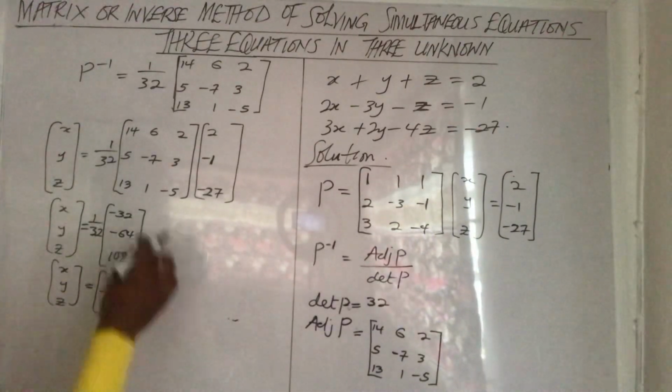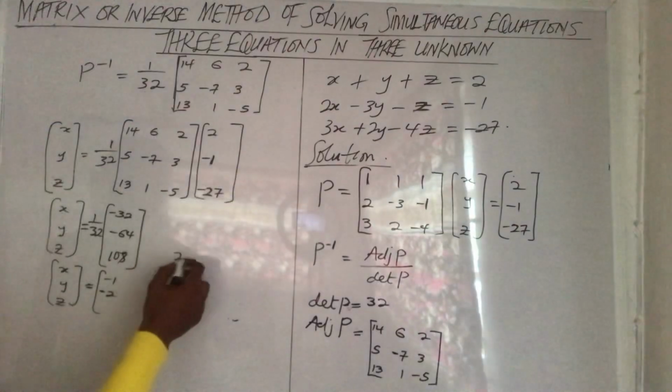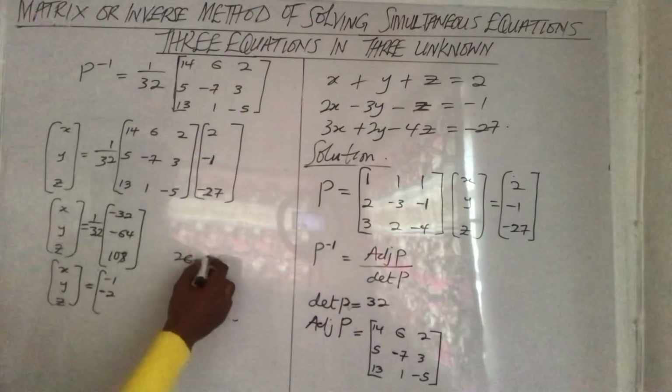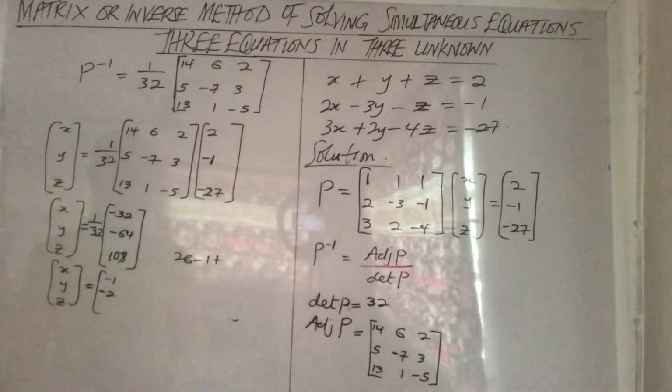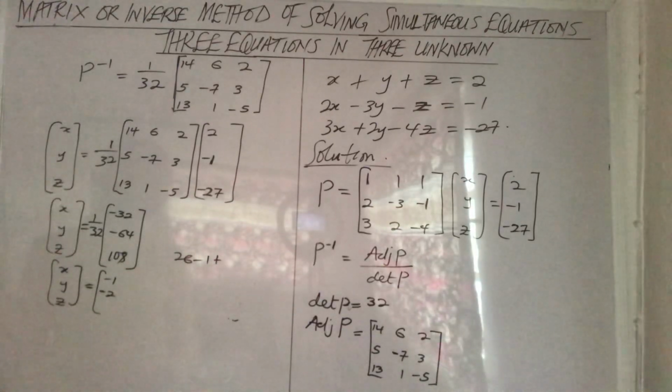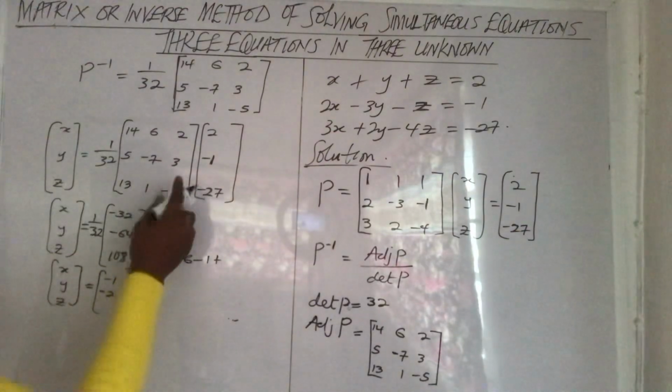Let me check this again. This times this, that's 26 minus 1 plus, well, 2 times minus 4.